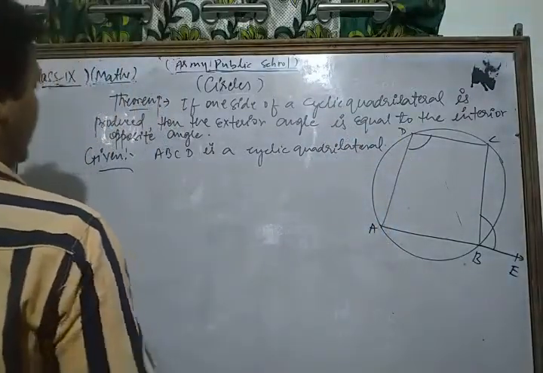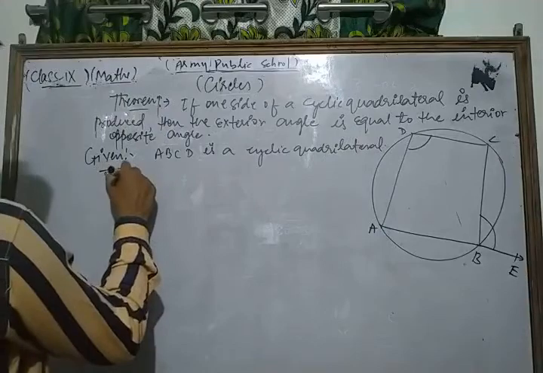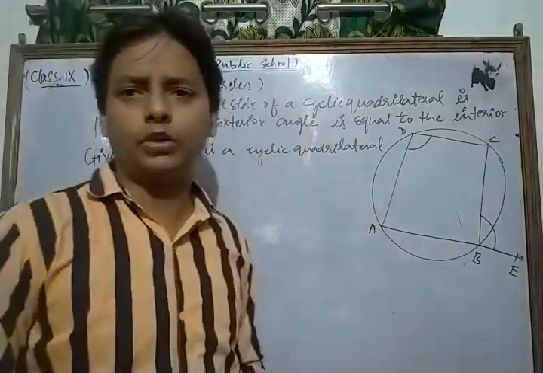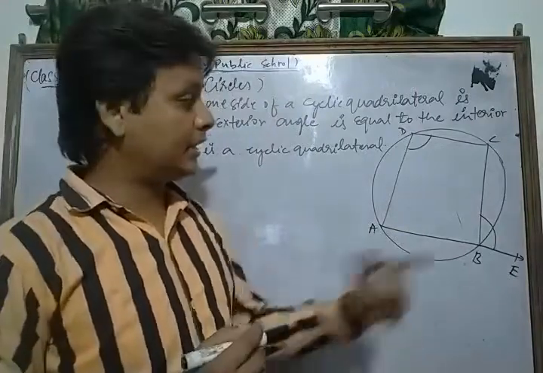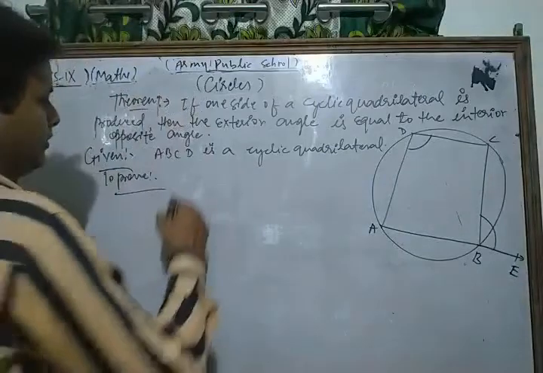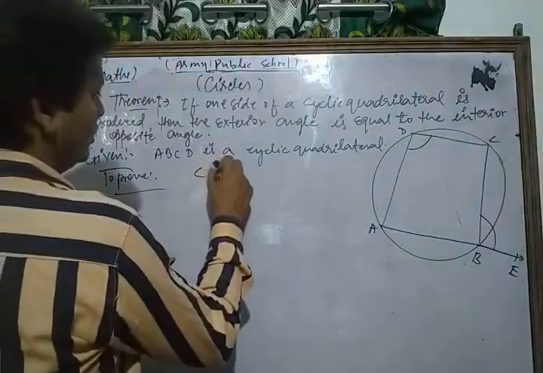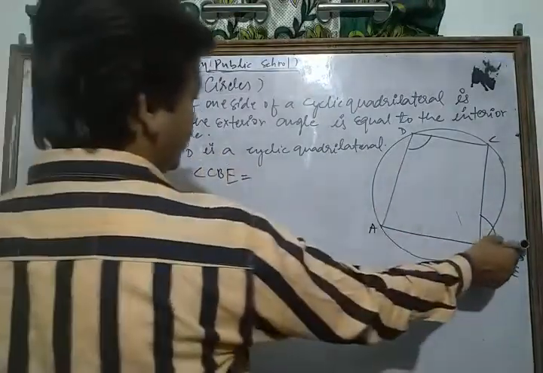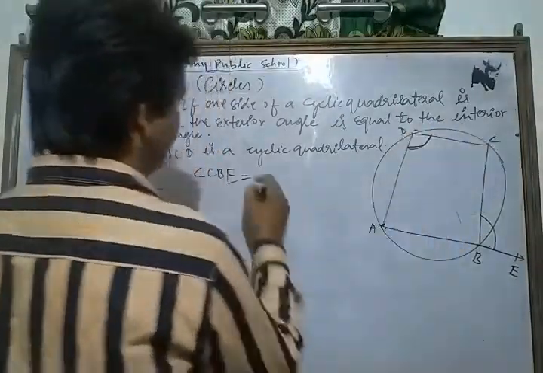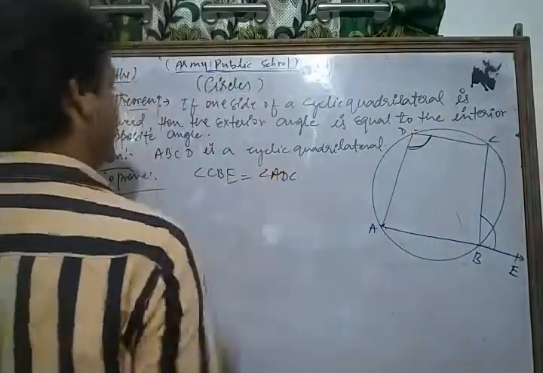Now to prove, dear students, we have to show that if one side of a cyclic quadrilateral is produced, then the exterior angle is equal to the opposite interior angle. Means we have to show that exterior angle CBE is equal to the opposite interior angle, angle ADC. This is true.